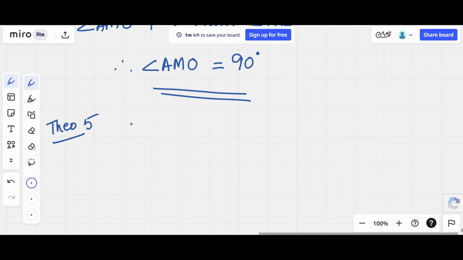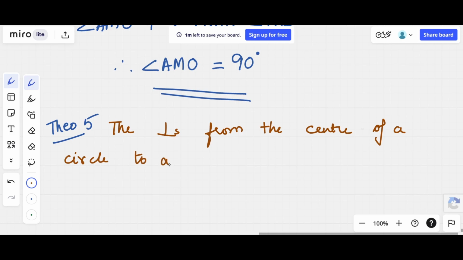So the converse theorem is: the perpendicular from the center of a circle to a chord bisects the chord.